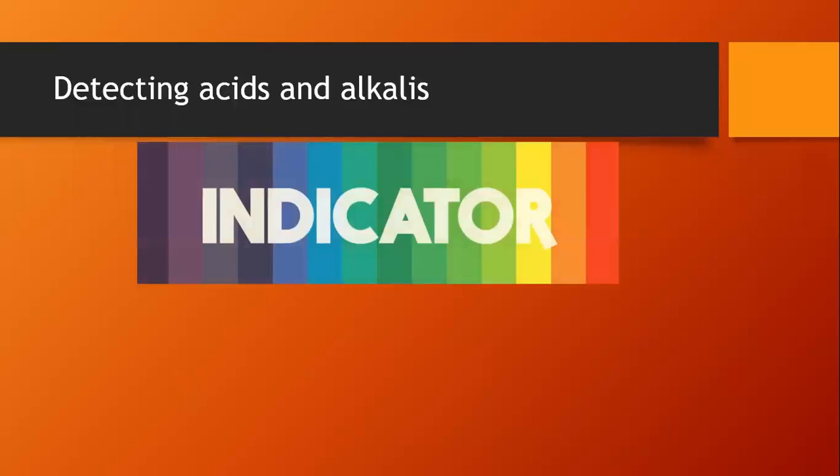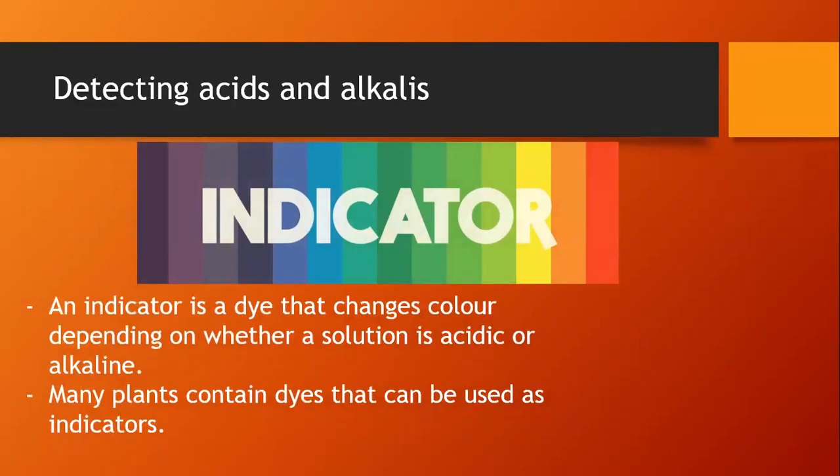After that, several scientists started to use this idea with different materials, and we named all of the chemical materials that change color when they react with acids and alkalis indicators. So an indicator is a dye or a chemical that has a color, and this color changes depending on whether the solution it reacted with is an acid or an alkali.